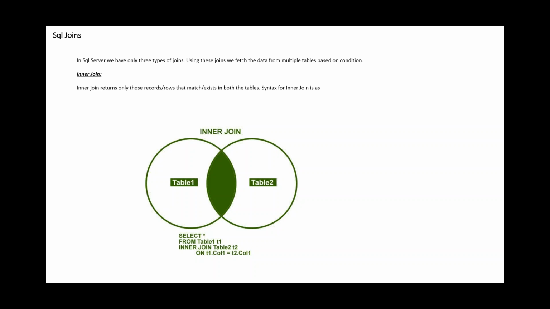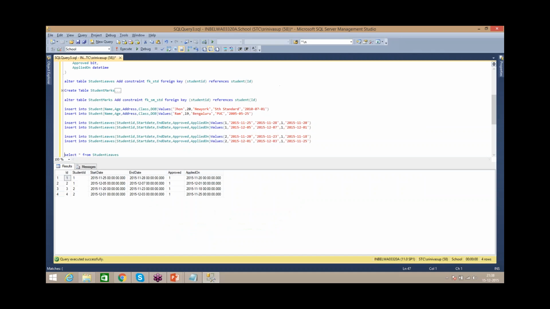The example is select star from table 1 inner join table 2. Here you compare the columns. If the column values are the same in both tables, return only those records. That's what inner join says. We'll see an example here.